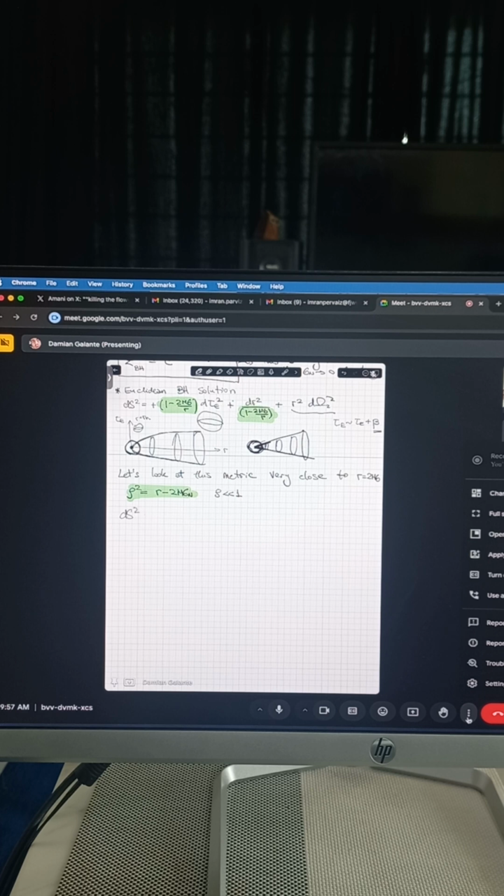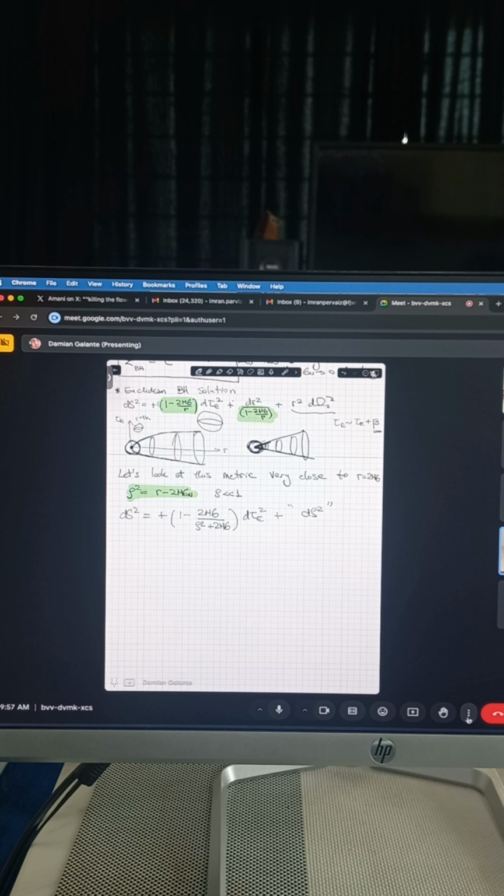So the metric will be something like 1 plus 2mg over, and instead of r, I will write rho squared, plus 2mg d tau e squared, and here I will have to write something that, at least schematically, you will need to do the change of coordinates, but you will see.